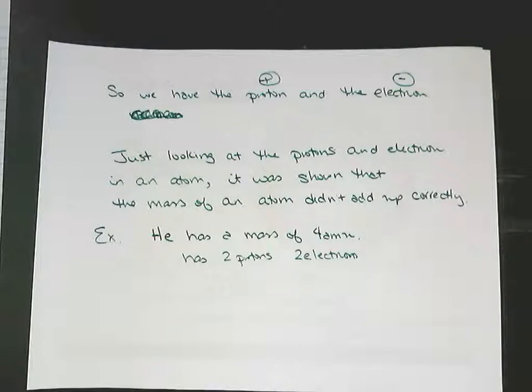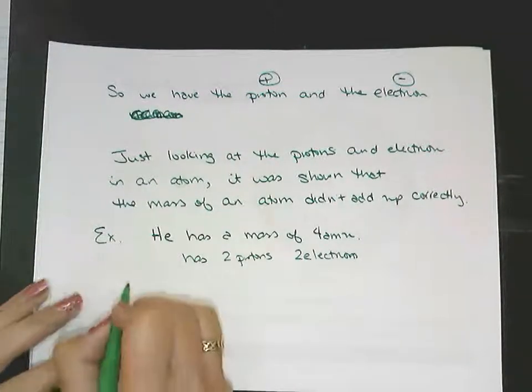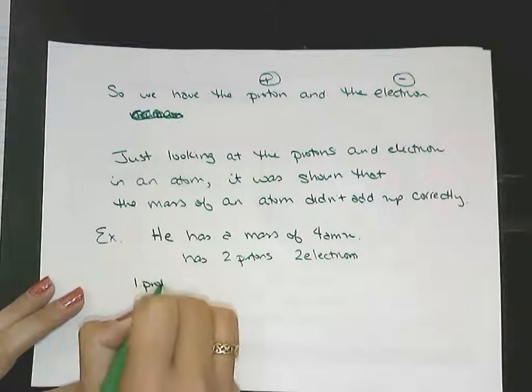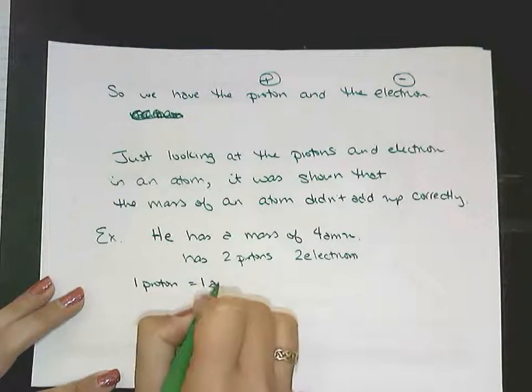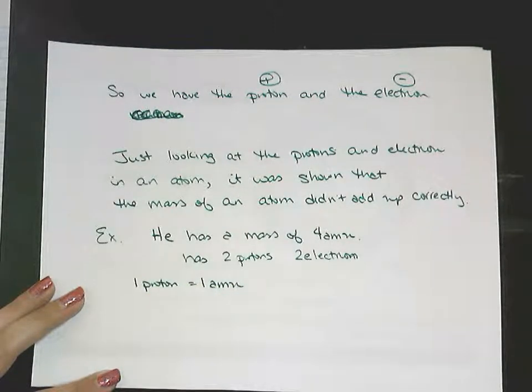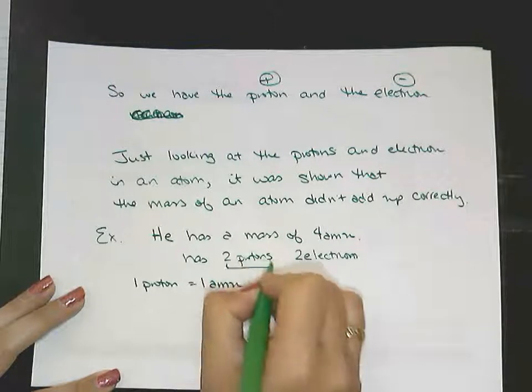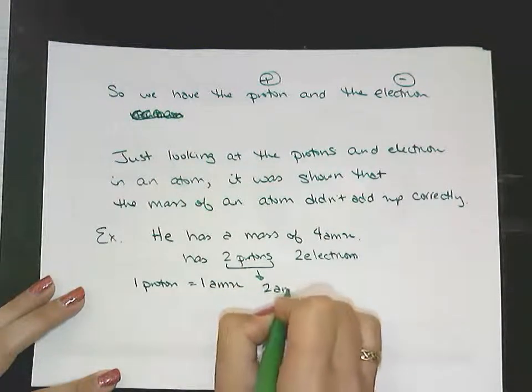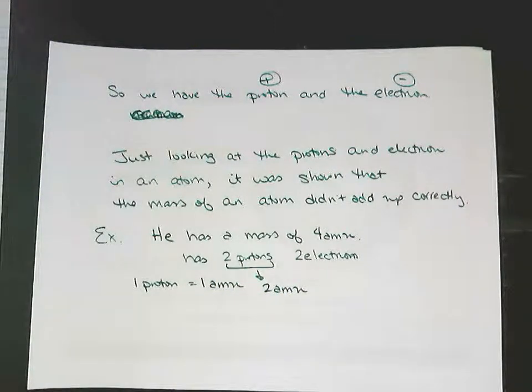And if every proton is worth 1 atomic mass unit, they are missing some weight. So if 1 proton is 1 atomic mass unit, they have only weighed out 2, but they know it weighs 4. So how much mass are they missing?